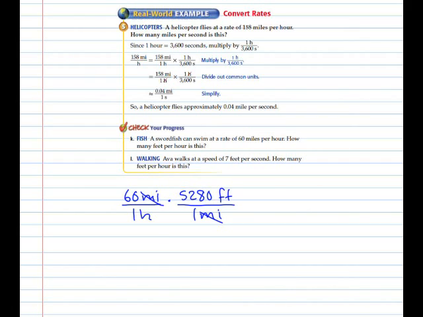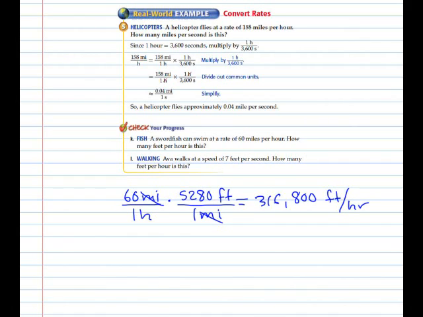Multiply 60 times 5,280. And I get 316,800 feet per hour.